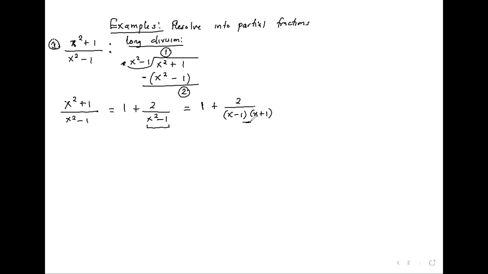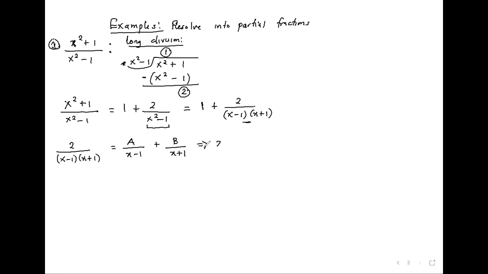It has now become linear. And so we pick 2 over (x minus 1)(x plus 1), and write it as A over (x minus 1) plus B over (x plus 1). And then we cross multiply.